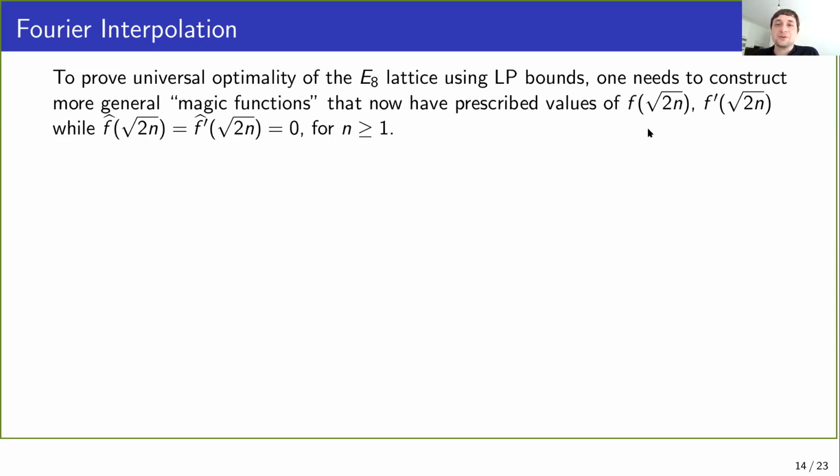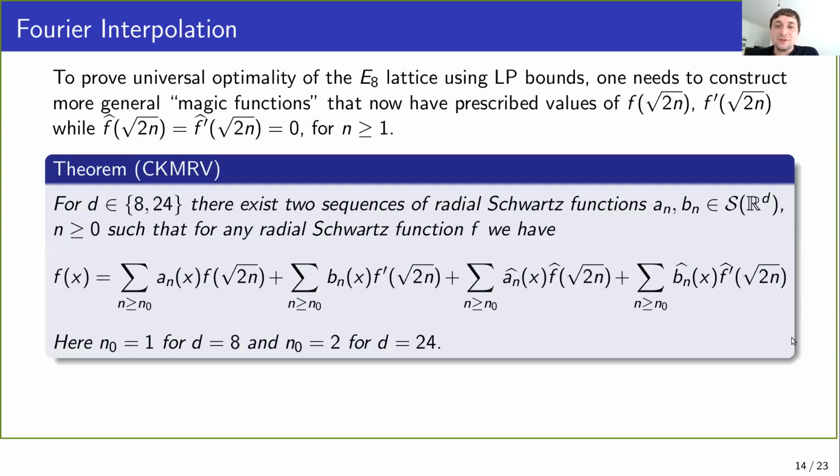So if you could find the function which prescribes these values, we could also do it for the Fourier transform, and then it becomes the full problem of giving some values for all these 4 sequences of numbers, how to find a function. But in the end, this is related to what Henry was talking about yesterday: somehow we're not very good at satisfying the inequality part of the LP bound, but we're very good at solving equalities, especially in the polynomial case, where it's kind of trivial to find a polynomial with given zeros.